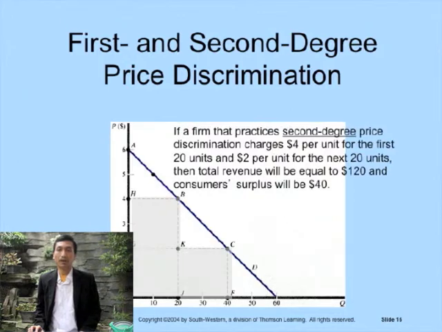And when a firm practices second degree price discrimination, it will charge $4 per unit for the first 20 units and $2 per unit for the next 20 units, then the total revenue will be equal to $120 and the consumer surplus will be $40.